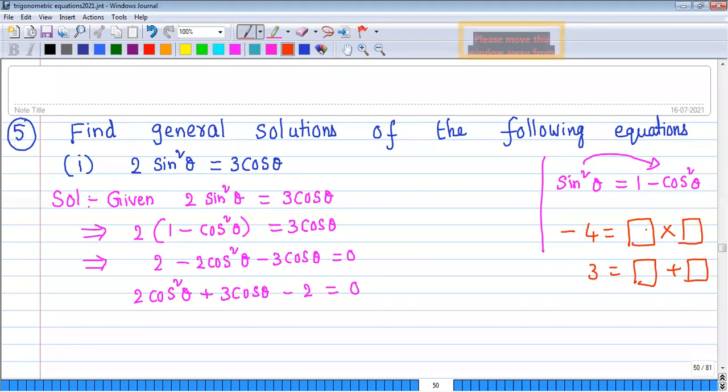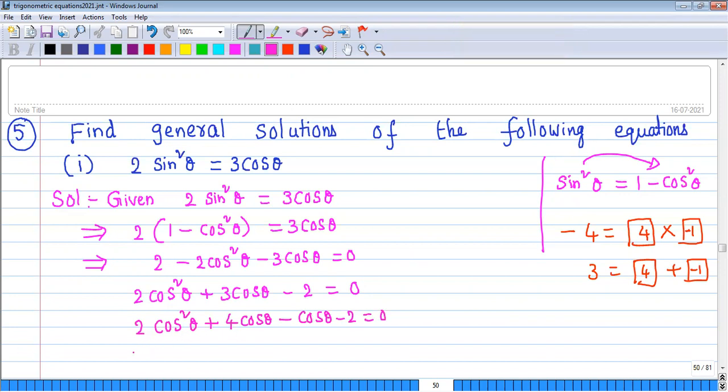Factors of 4 are 4 into 1 only. 4 into negative 1: 4 minus 1 is 3, and the product is minus 4. So 2 cos square theta plus 3 cos theta minus 2 we can write as 2 cos square theta plus 4 cos theta minus cos theta minus 2 equals 0.